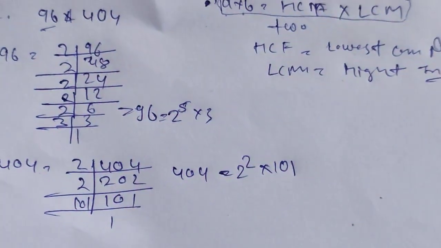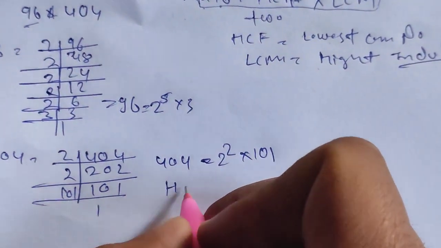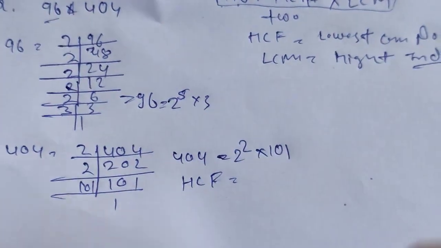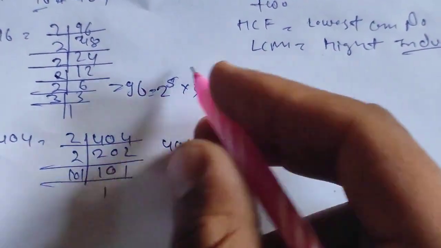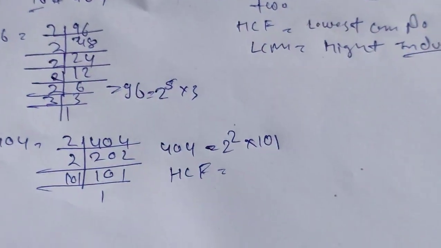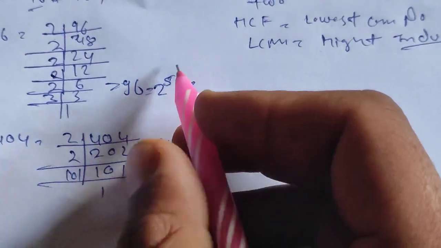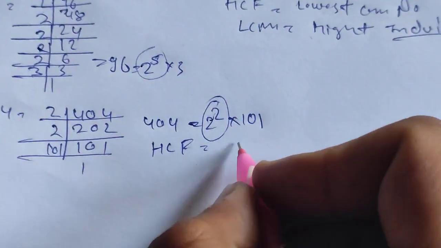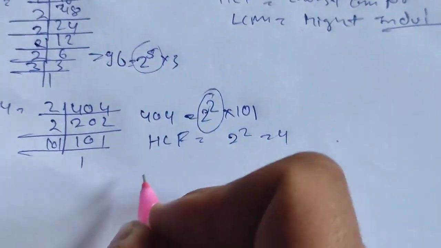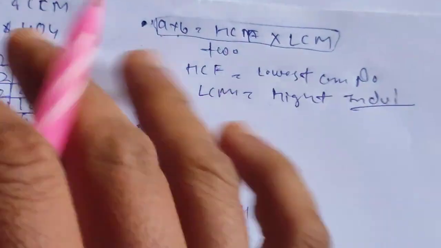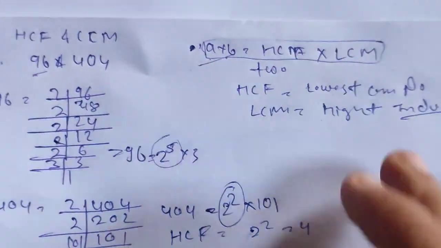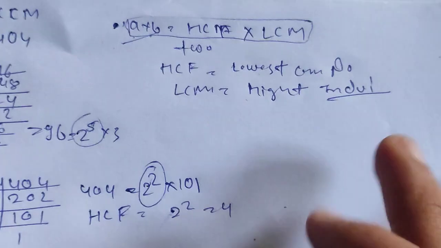Now we talk about the HCF. It means we use the common term with the lowest power. The lowest power of 2 here is 2, so the HCF is 2 squared, which is 4. For the LCM, since we have two numbers, we use this concept rather than finding the LCM individually.